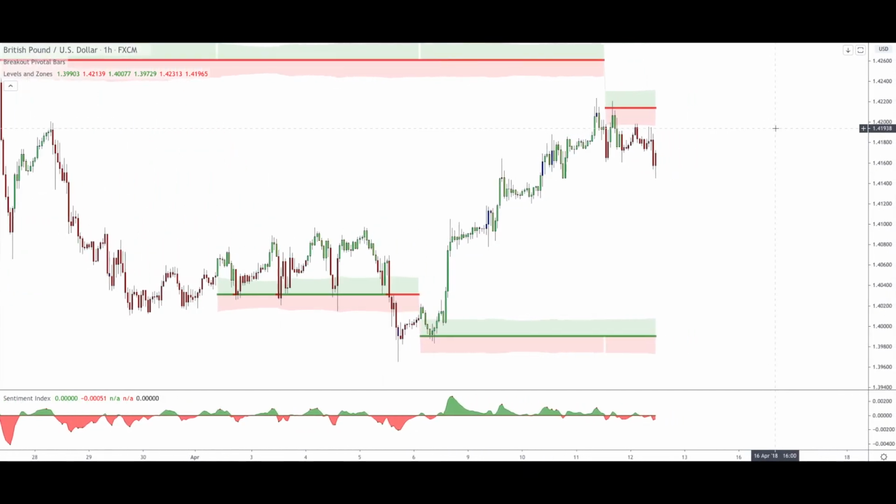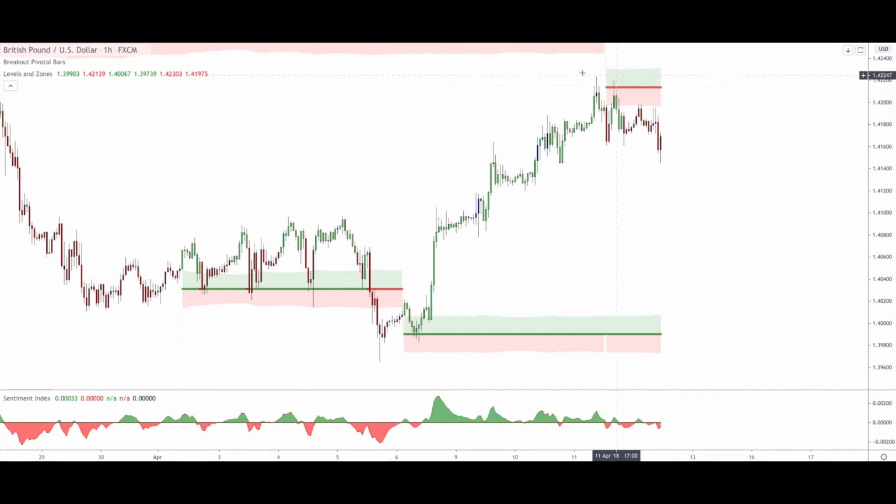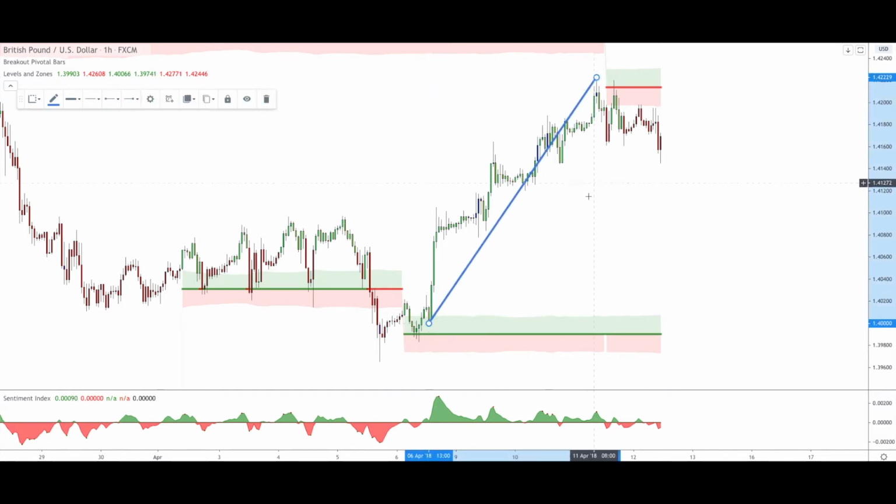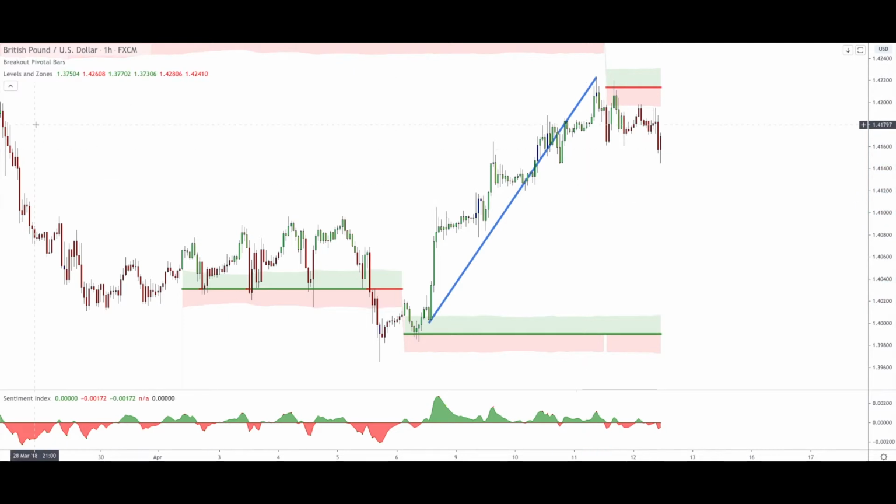Well, if we concentrate on the very last candles, we can see that we have a kind of a consolidation here. So we had an impulse here. Let me draw this for you. So this is an impulse, a long impulse, and then we are having a consolidation here.